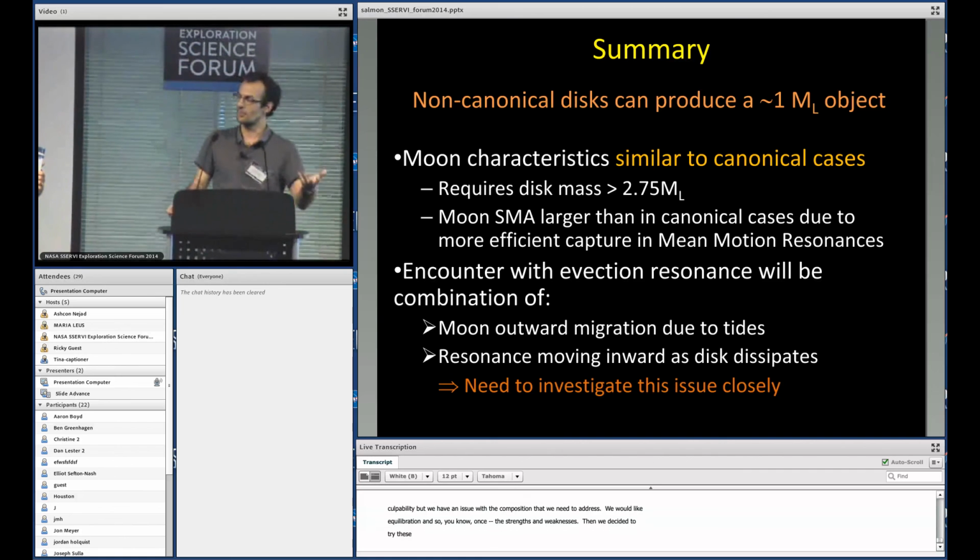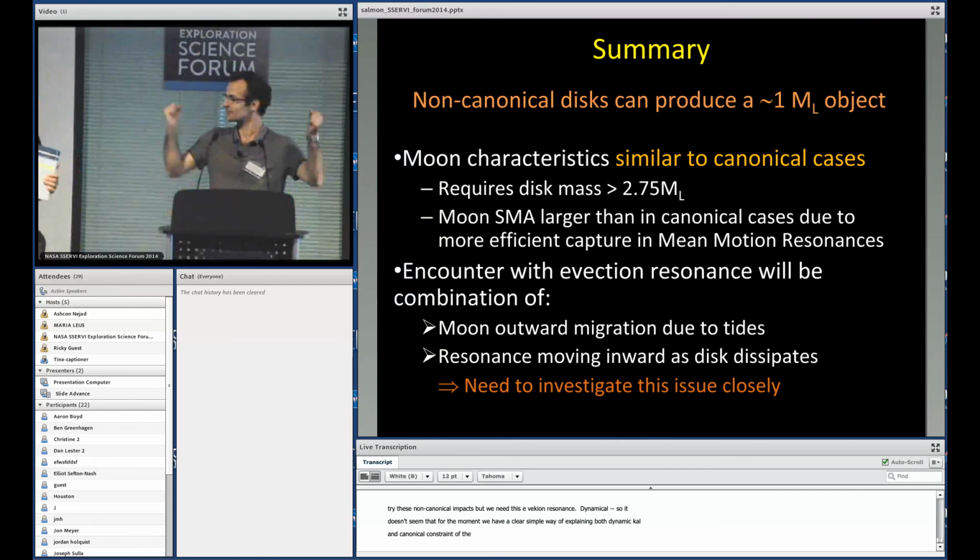Now the composition works naturally, but we need this evection resonance, so the dynamical aspects have been weakened by the necessity to invoke the evection resonance. So it doesn't seem that for the moment we have a clear, simple way of explaining both the dynamical and compositional constraints for the formation of the moon. So that means there's still work to be done.